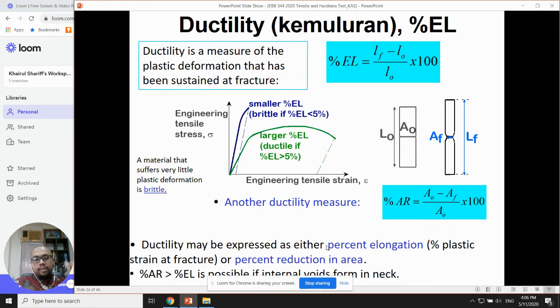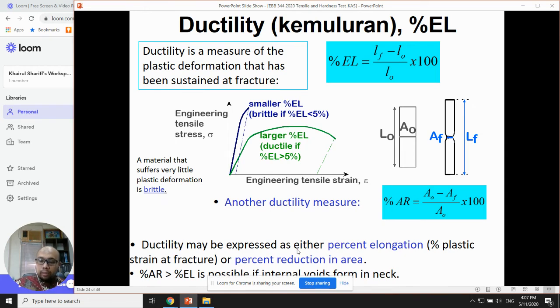When you pull the sample in opposite directions using a small load or high load, of course the cross-section surface area of the metal rod or the specimen also changes, because when the necking happens, the area changes as well. This kind of measurement we call the percentage of area reduction.